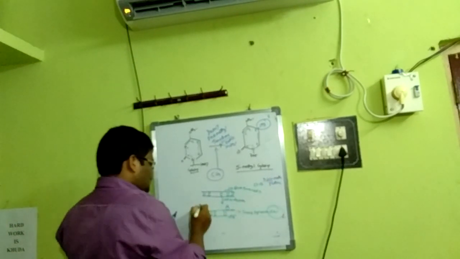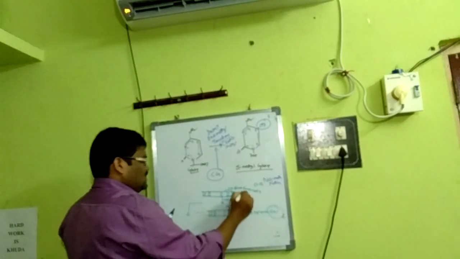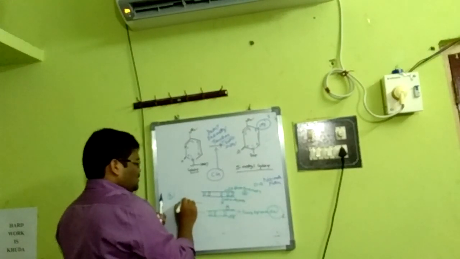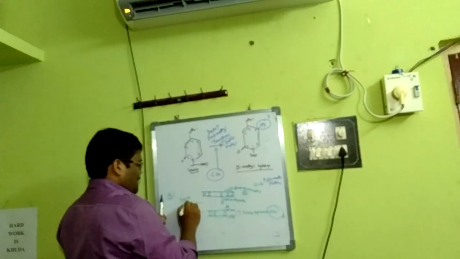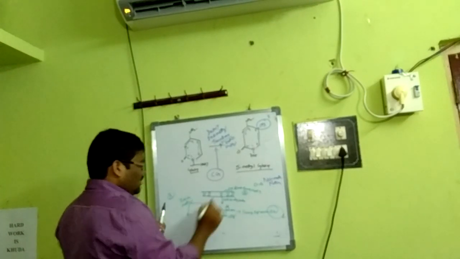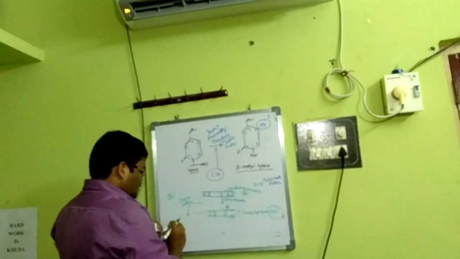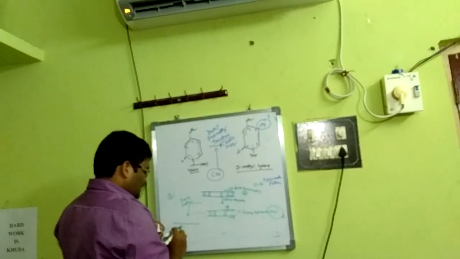But in another variant, take this as A and this as B, there is DNA methylation. As I told you already, these CG sequences are subjected to methyl attack.